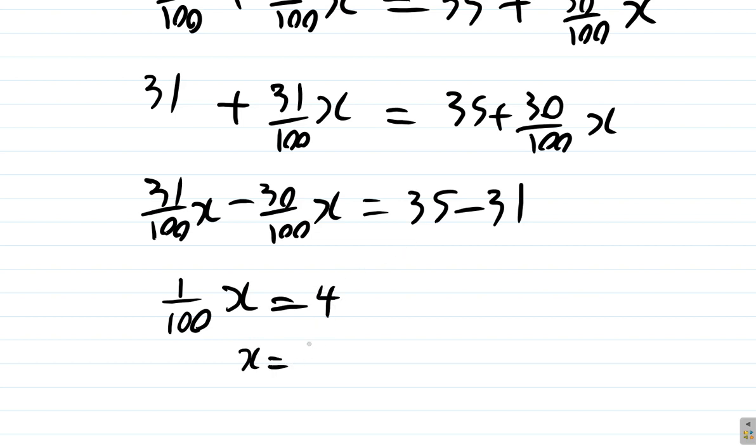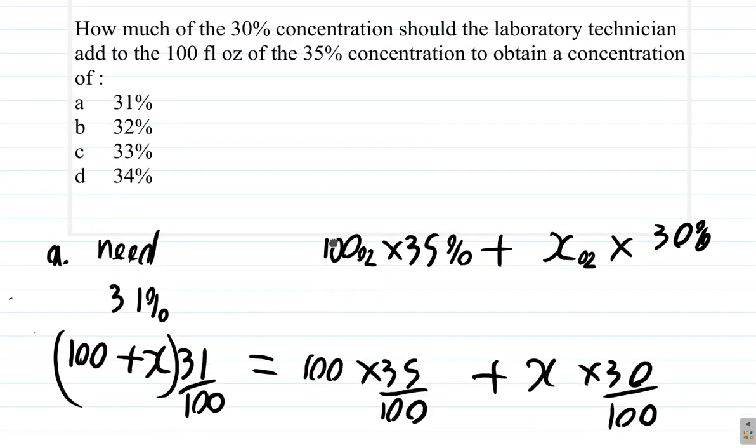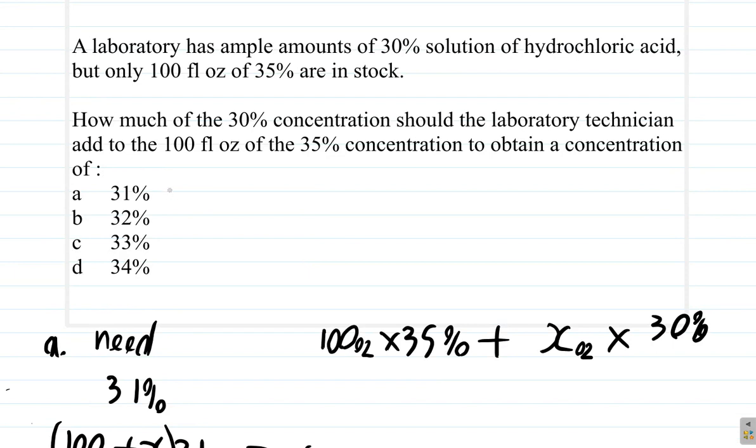So x is 4 by 100, which is 400. So in this case, you get 400. For part A, you need 400, not grams, I mean ounces. You would need 400 fluid ounces.